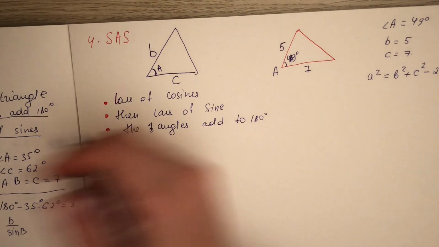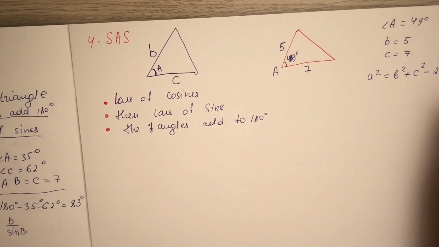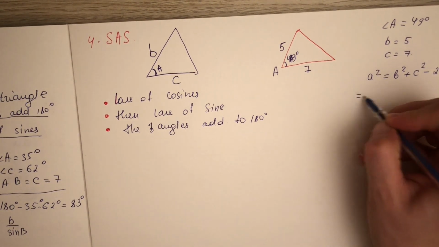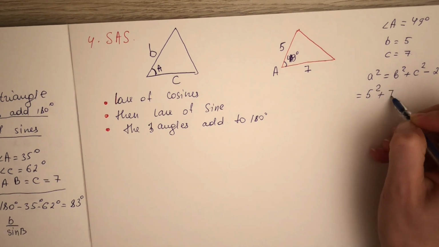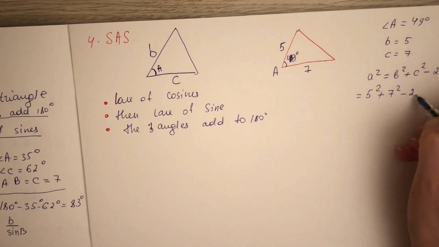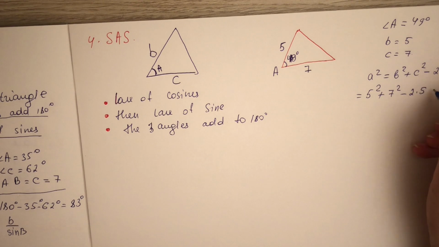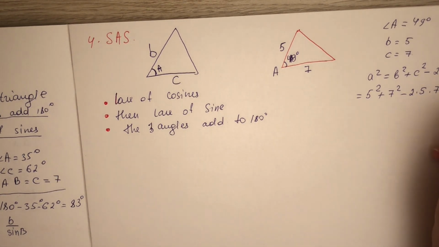Okay? And this is equal to 5 squared plus 7 squared minus 2 times 5 times 7 times cosine 49. Okay?